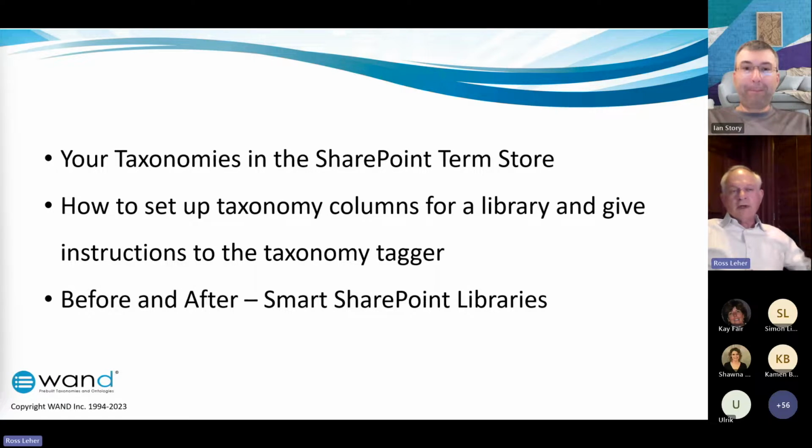What does a library look like before? What does it look like after? And what are the capabilities? What Microsoft developed, we're creating smart SharePoint libraries, smart libraries. I want you to think about that as we look at this.